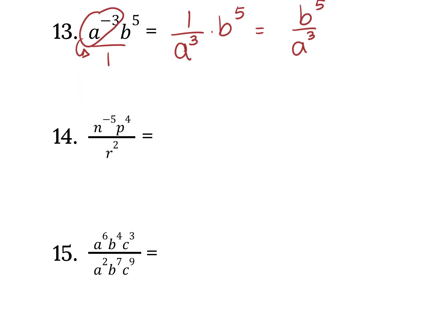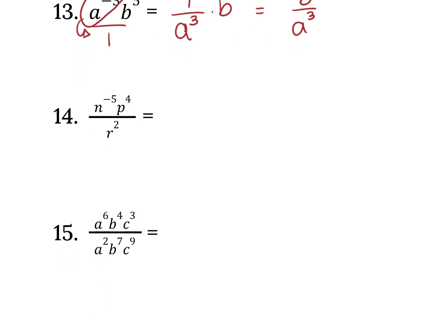Does anybody think they want to try 14 and rewriting it so I only have positive exponents? Anybody want to try? No? All right, let me ask you this. Are we moving the P? No, the P is positive. So I know for sure that's going to stay up top.